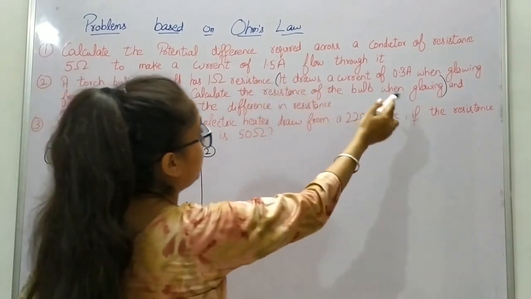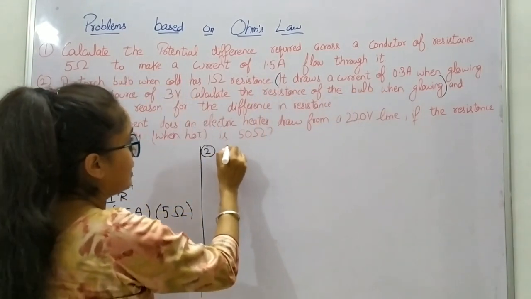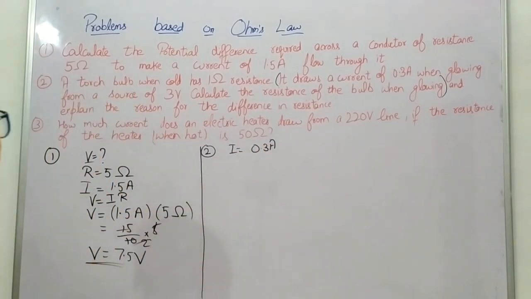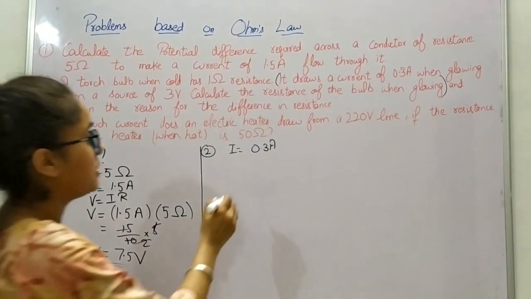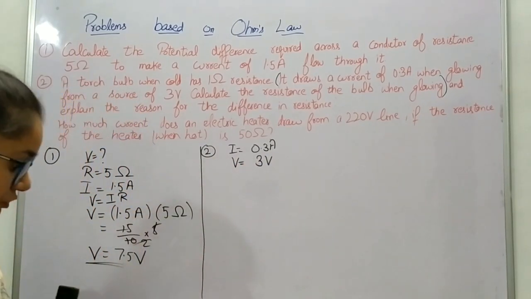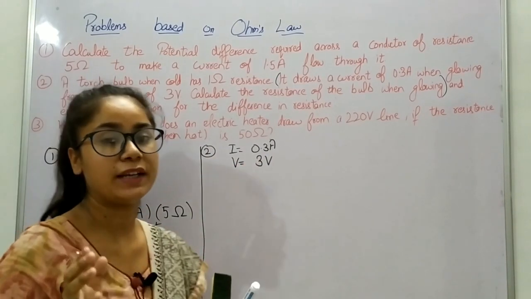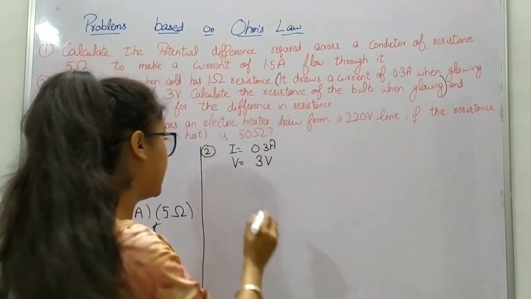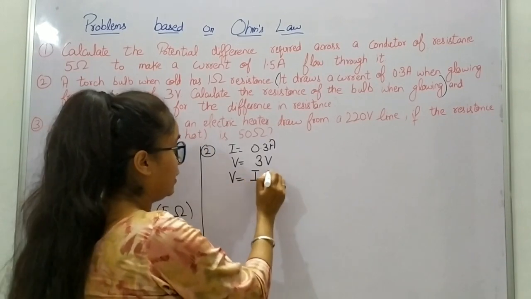We are provided with current as 0.3 ampere, and when glowing from a source of 3 volt, that means we have a potential difference of 3 volt. We have to find the resistance of the bulb when glowing. We know the formula of Ohm's law, that is V equals IR.